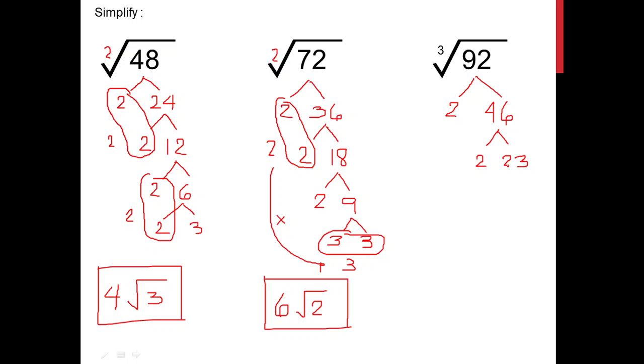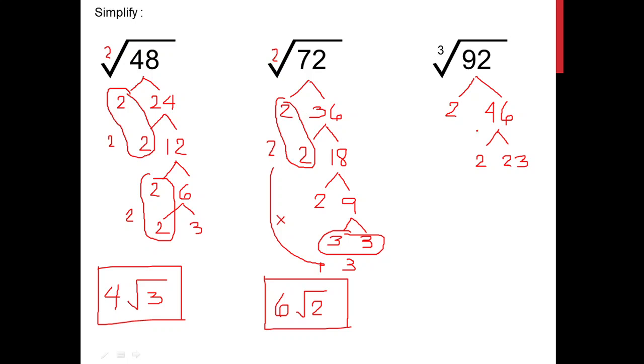Now notice here, 23, though it's a big number, is a prime number already. So the factors of this one are only 23 and 1. We cannot divide it by 2, and we cannot divide it by 3.